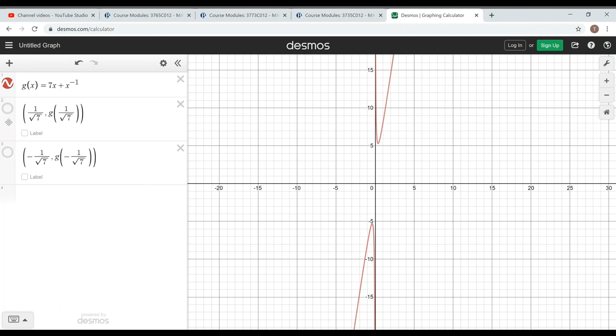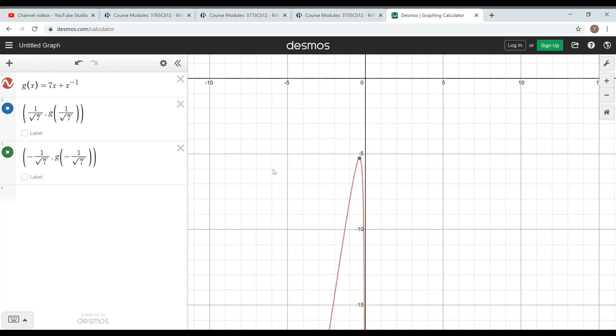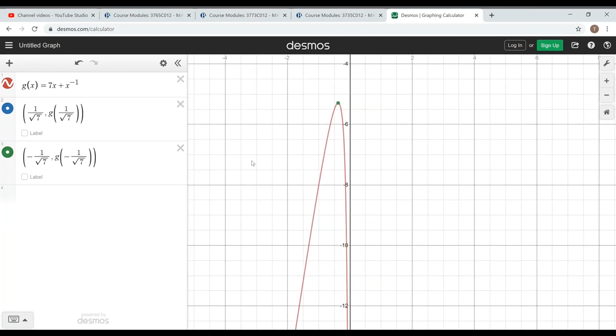Let's go ahead and take a look. I'm going to put both those points on the curve. And now if I zoom in here at least a little bit, you can see it is increasing from -infinity to x equals -1 over the square root of 7. And after we get to this point, you can see it's decreasing, which matches our work.